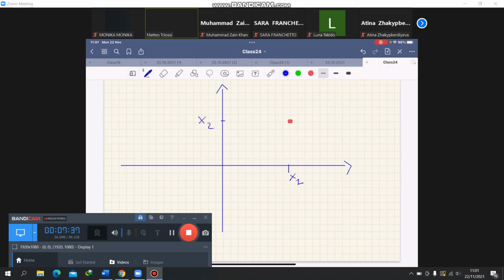So in order to find the opposite, you have to find the vector having as coordinates minus x1 and minus x2, minus the coordinates.